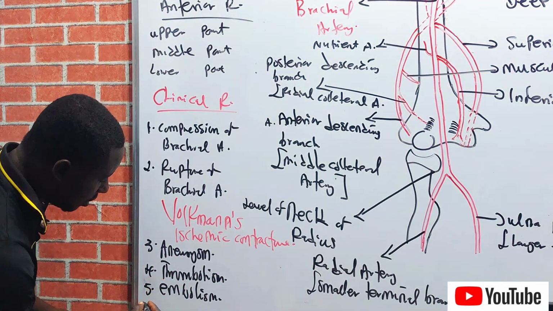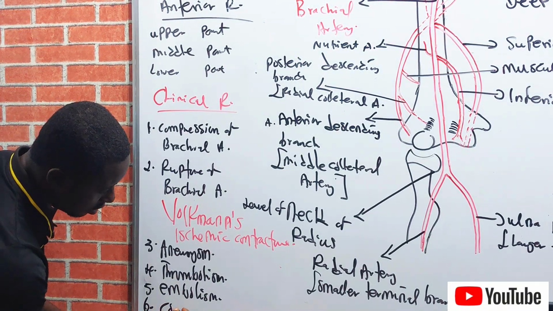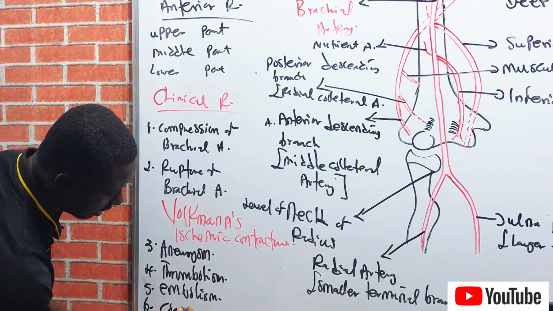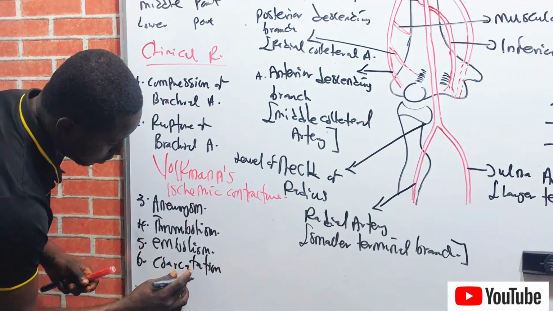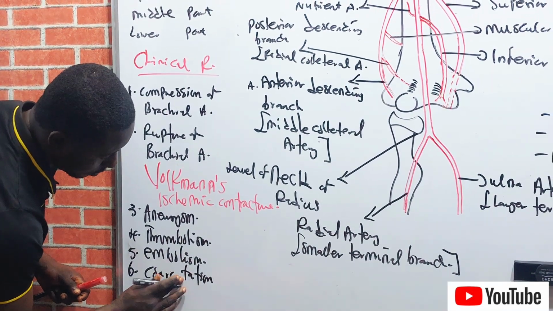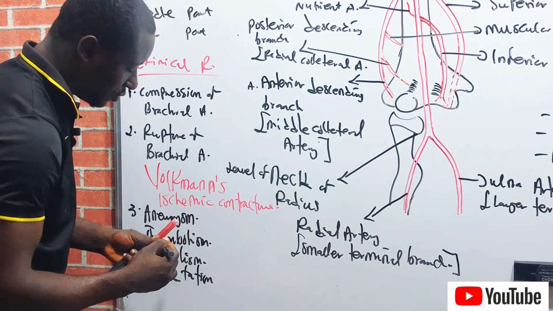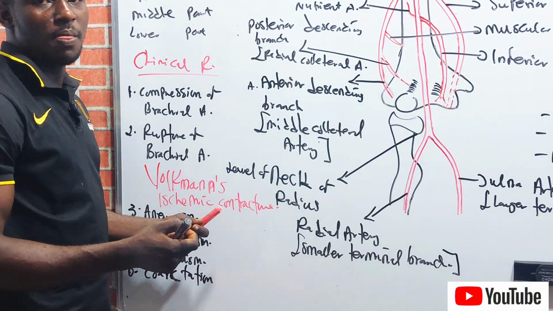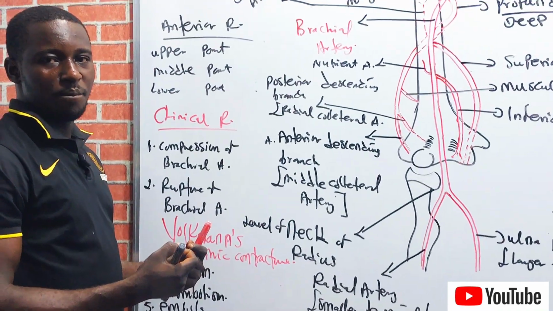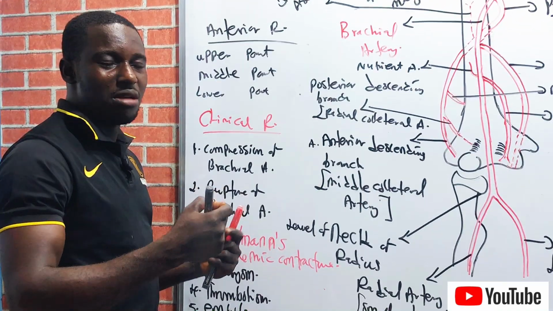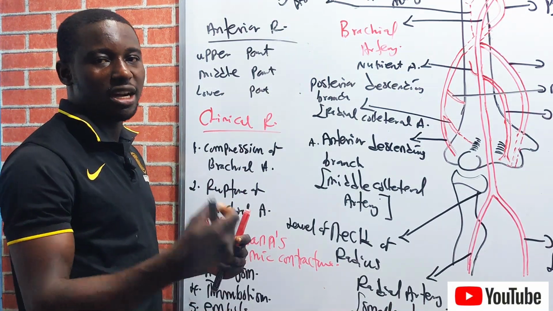Okay, the number six is coarctation. That could be tightening of the brachial artery, maybe as a result of the compression of structures on it, it could be coarctated.